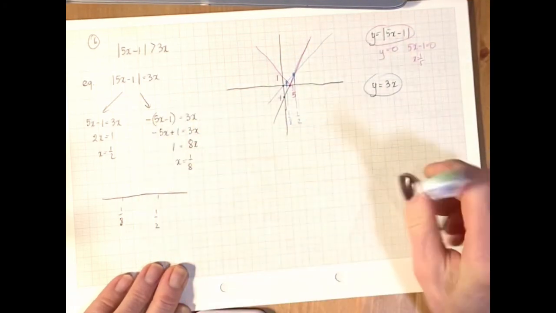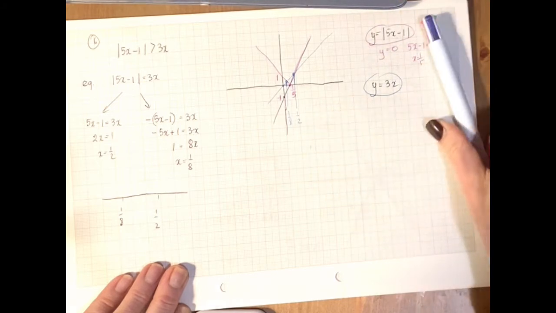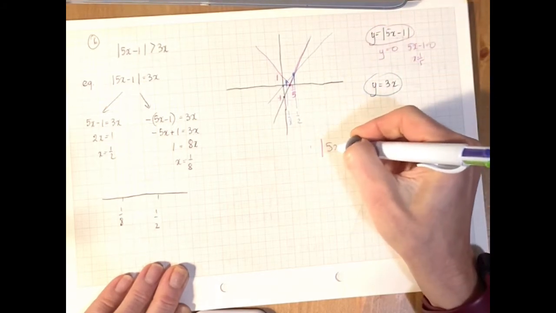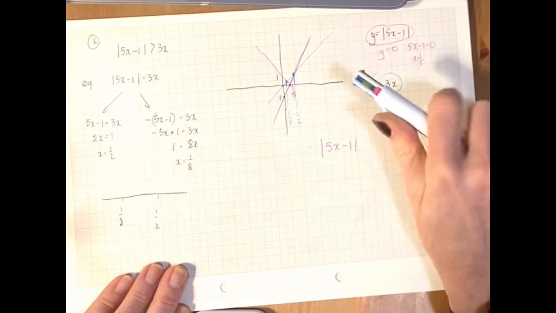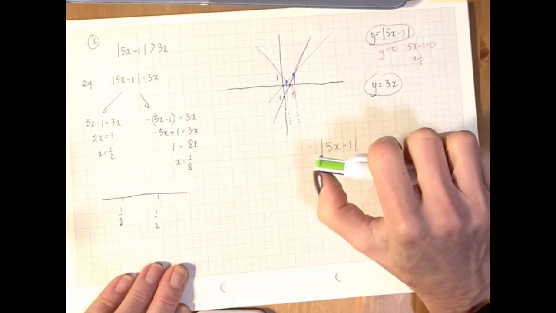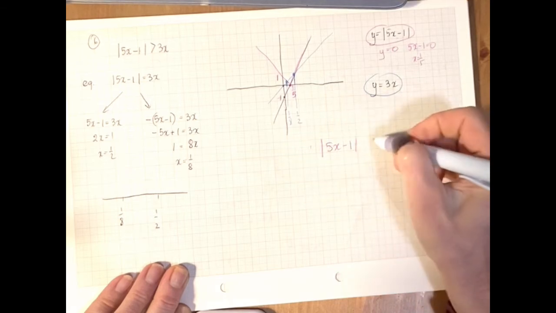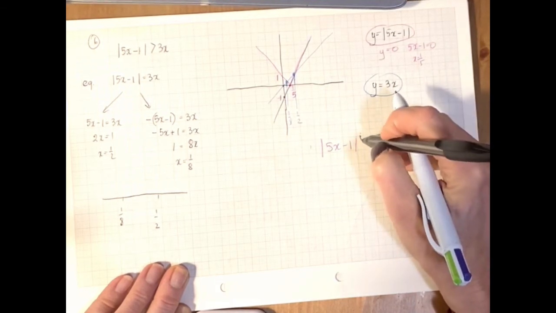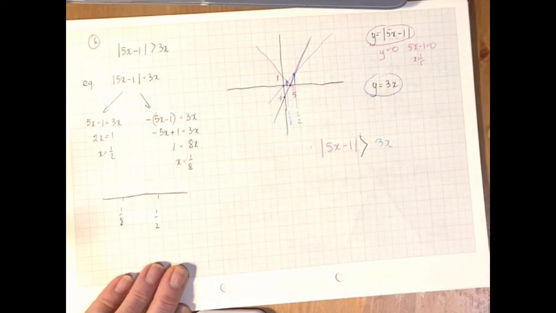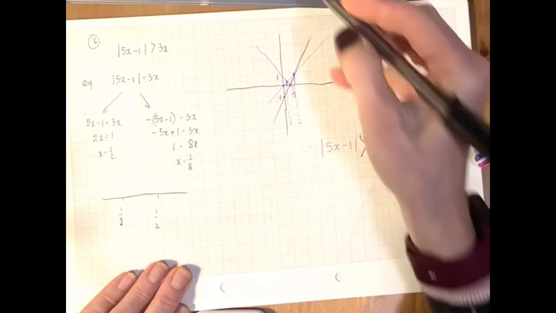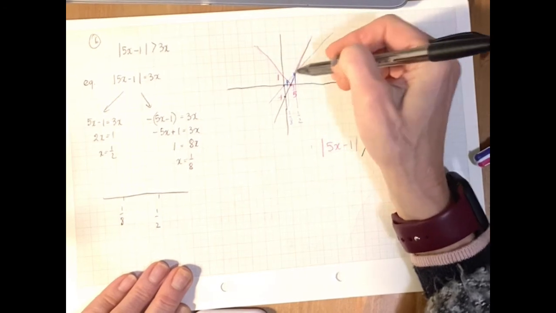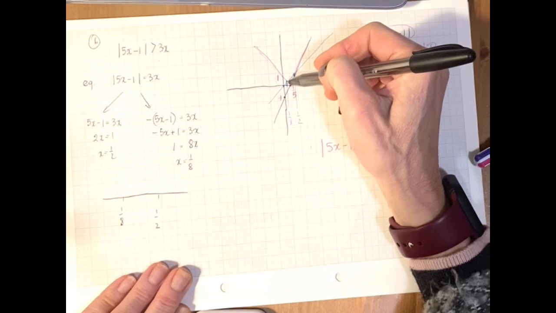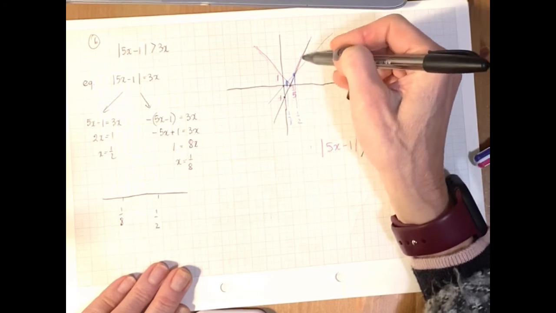So the question is asking you, when will the modulus of 5x minus 1, so the pink graph, be greater than the line 3x? So when is the pink bit above the blue bit? The pink bit is above the blue bit for all these parts, then it has a break, and then it starts again over here.